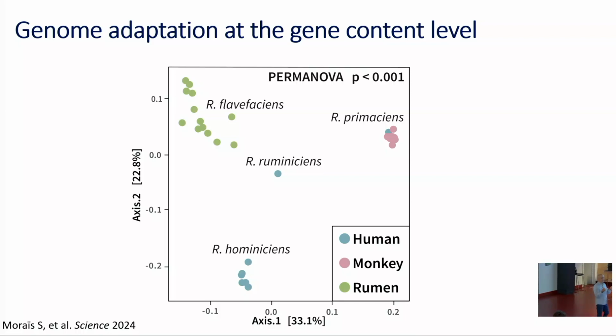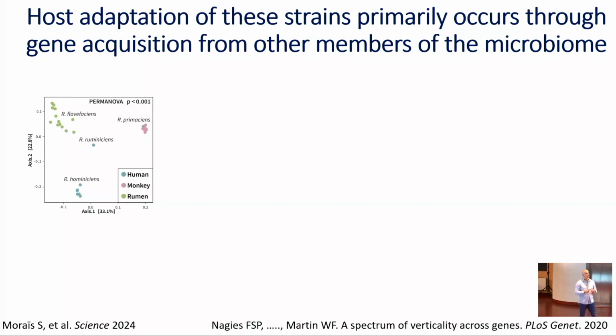Then you can ask whether they actually lost genes that existed in their ancestors, and then we get these two different clusters, or did they gain genes from the environment, or somewhere in between these two scenarios. In order to ask this, we applied an analysis called verticality, developed by Bill Martin's group, which is, I think, one of the best molecular evolutionists that I've ever encountered.